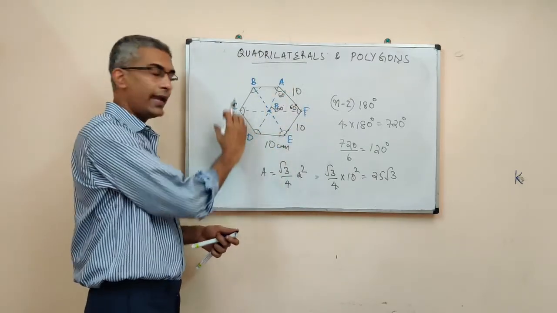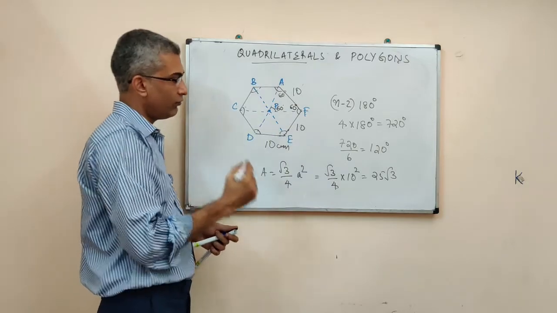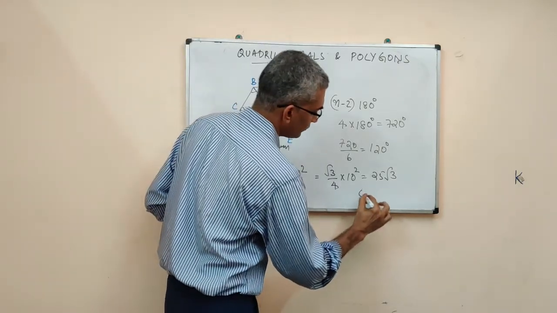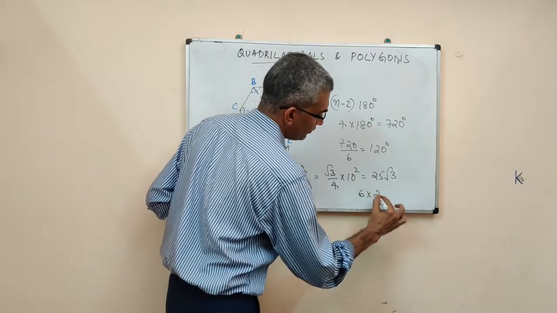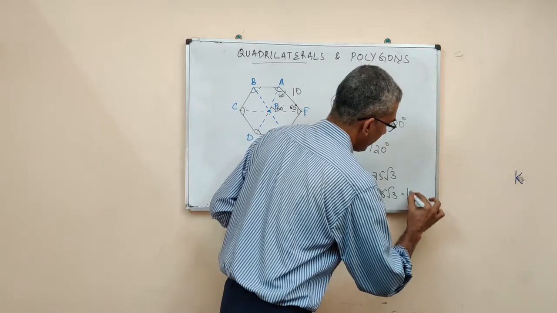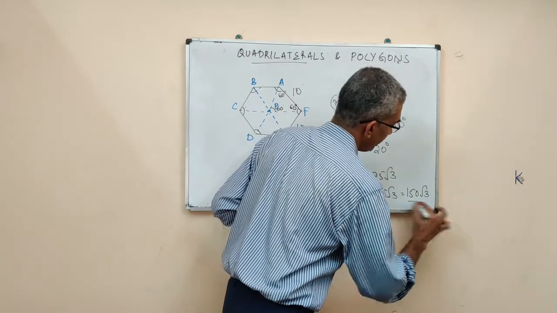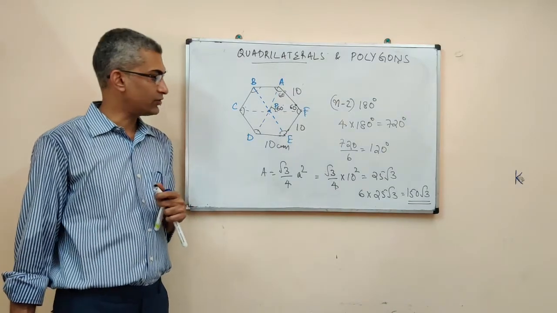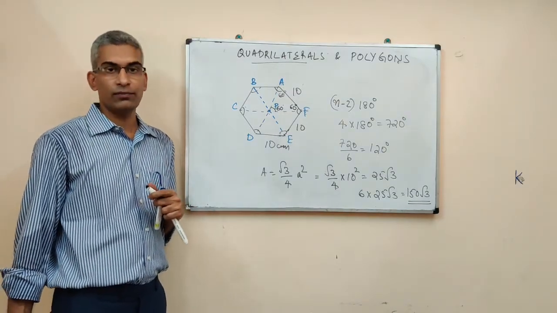Now if you look at the entire regular hexagon, we have 6 such triangles. So total area will be 6 multiplied by this, so it will be 150 root 3. So the area of this regular hexagon will be 150 root 3.